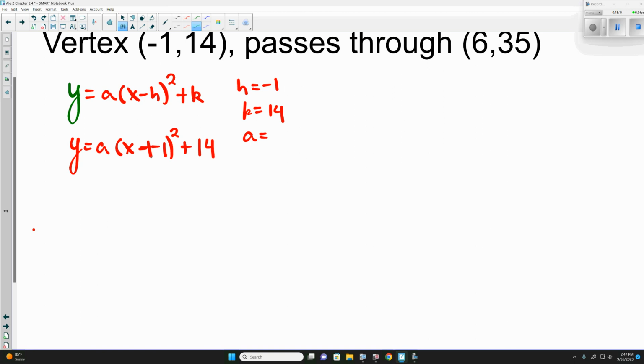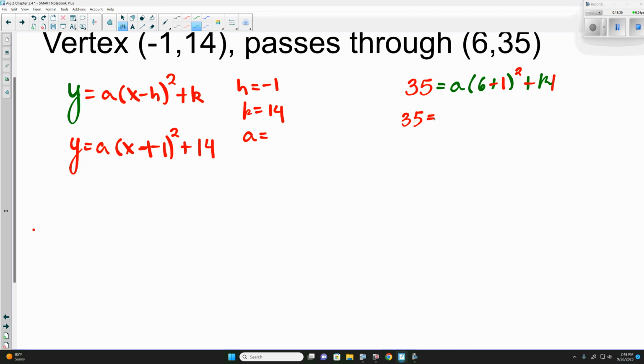Well, negative would make it plus. Now we need to find the value of a. So we need to calculate this out.